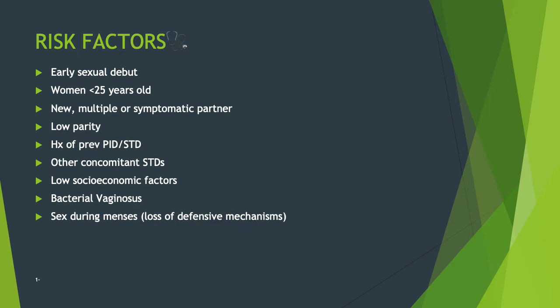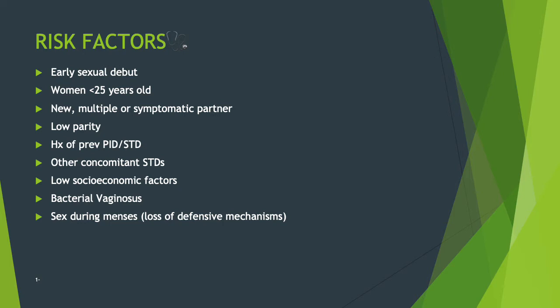When we look at the risk factors for PID, there are quite a host that have been identified. However, PID is mostly a clinical diagnosis, but some of these risk factors can help to guide your direction of therapy.